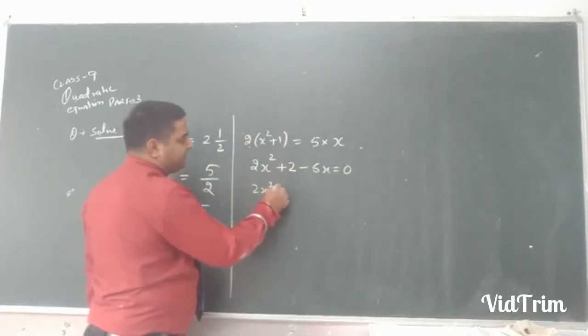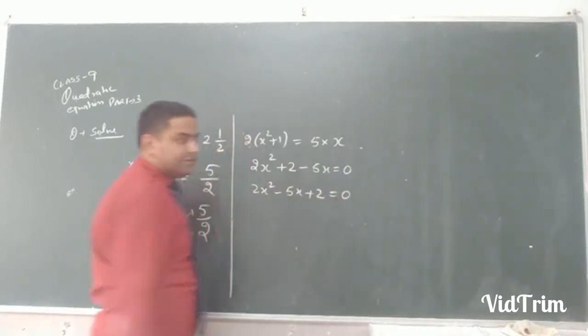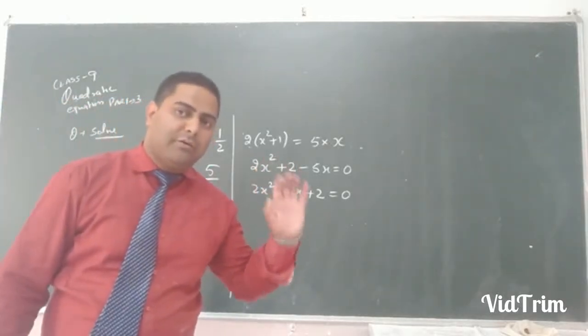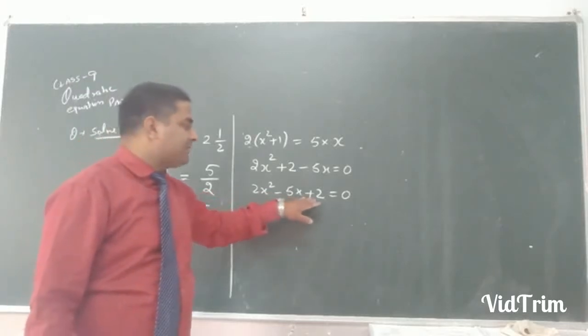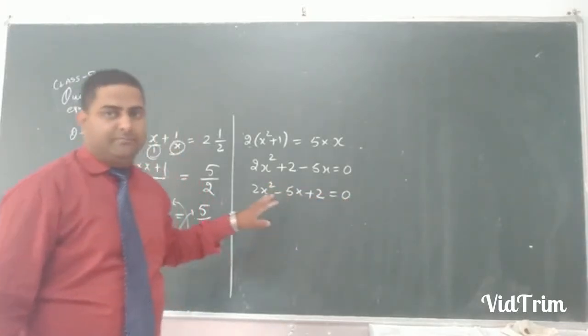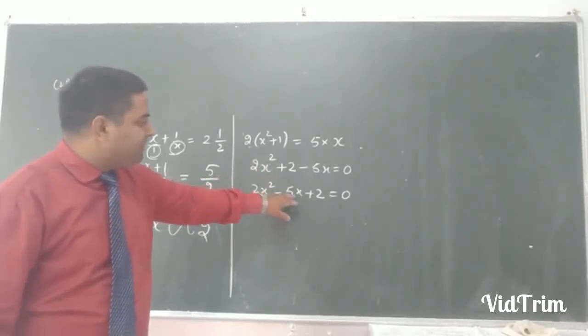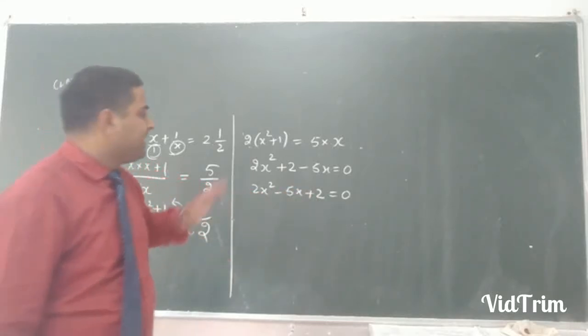So 2x square minus 5x plus 2 equals to 0. So now we got the quadratic equation, which is 2x square minus 5x plus 2 equals to 0, in descending order of power of variable x. Here power 2, power 1 and here power 0, x power 0.